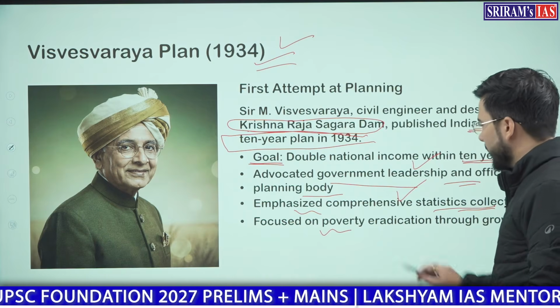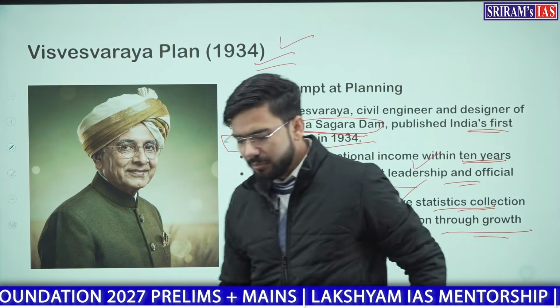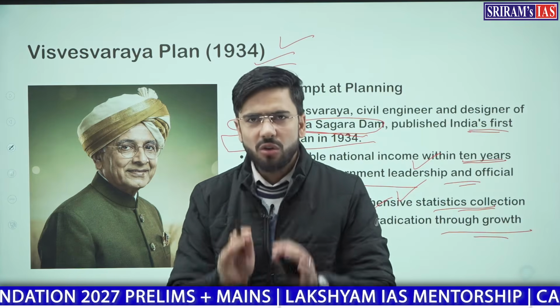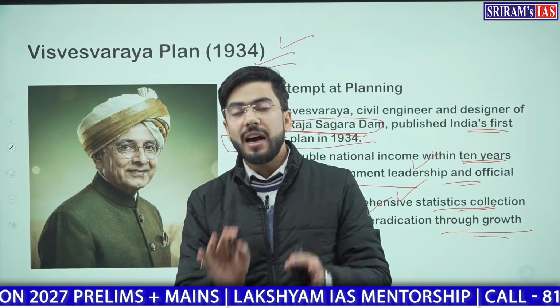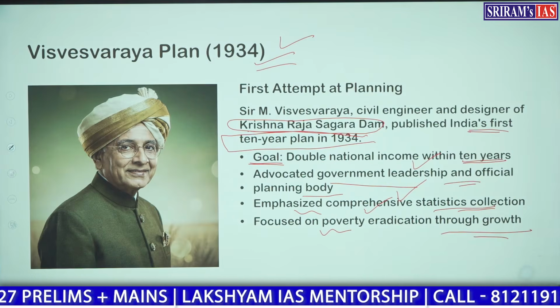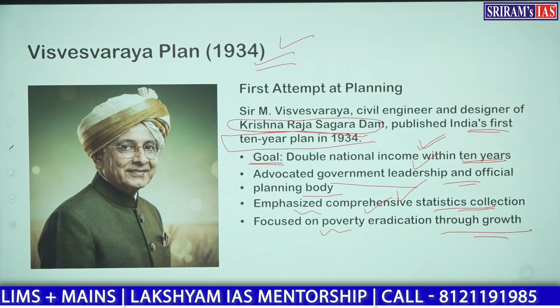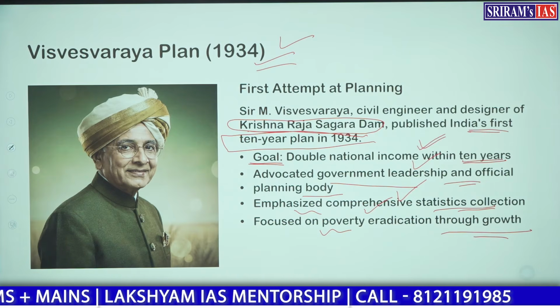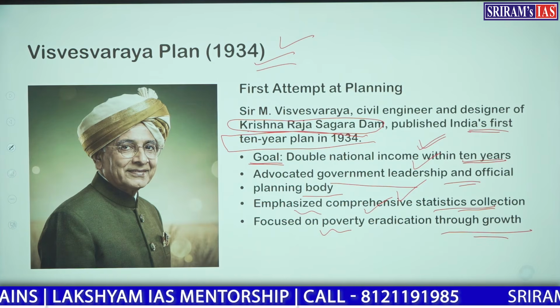It focused on poverty eradication through growth. So the main objective of this plan was to establish economic growth of India and ensure that national income doubled in just 10 years. That was about the M. Vishveshwaraya plan of 1934.